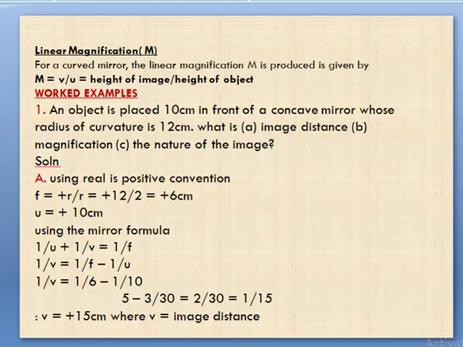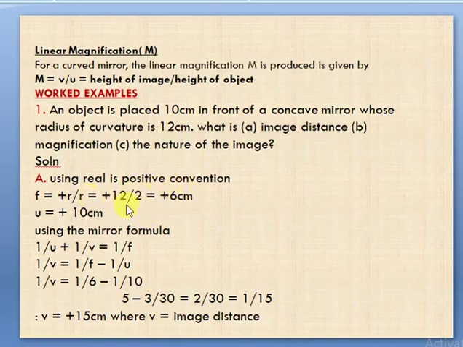In this case, we were given the radius of curvature. And remember, we said that F, our focal length, is equal to R over 2. For a concave mirror, the focal length is always positive, according to our sign convention, real is positive.